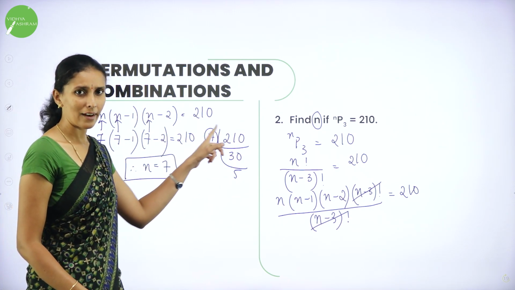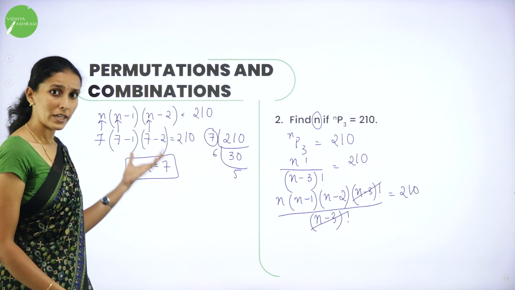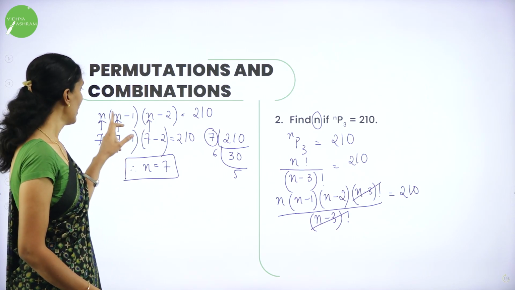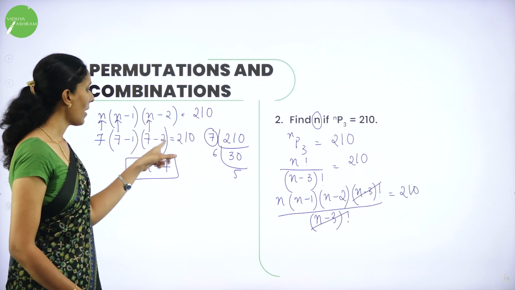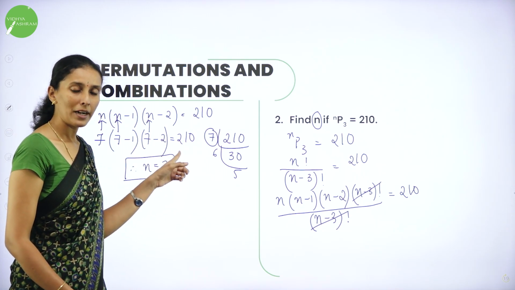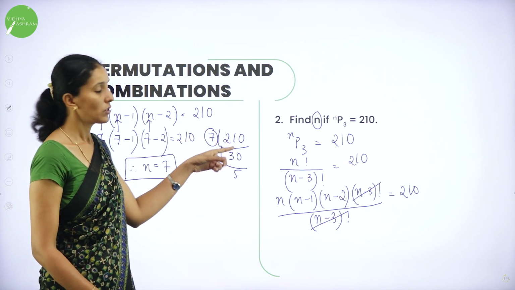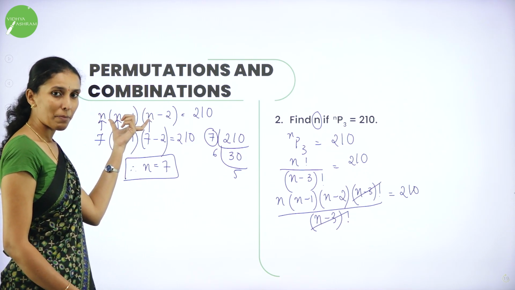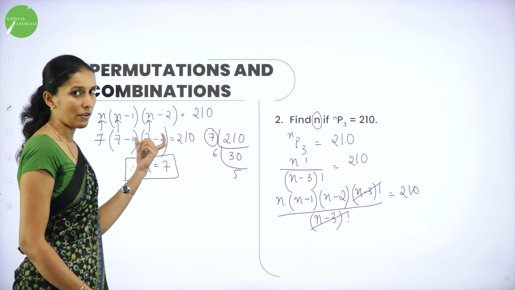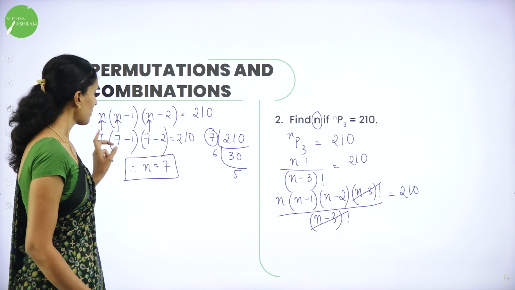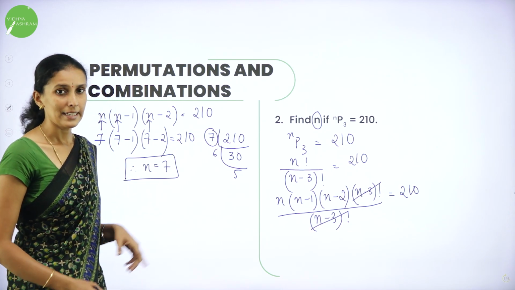Using simple calculation or the inspection method, we can write N as 7. So 7 minus 1 is nothing but 6, 7 minus 2 is nothing but 5. When you multiply, you will get 210. So when I write in this expanded form, it takes the form of 7, 7 minus 1, 7 minus 2. Therefore, my value for N is 7.